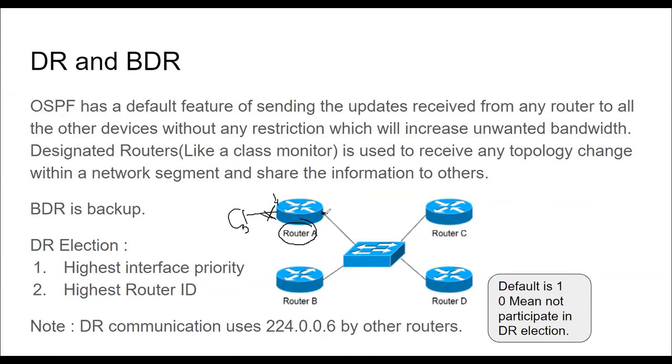So router A will inform router C, hey, the link failed. Again to B, hey, link failed. D, link failed. So now routers C, B, D all received from router A that the link failed. The feature of OSPF says if a router receives an update, then the same update has to be sent to all the other OSPF routers without any restrictions.